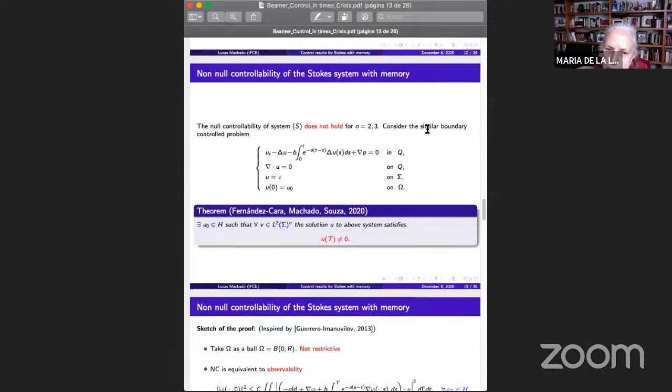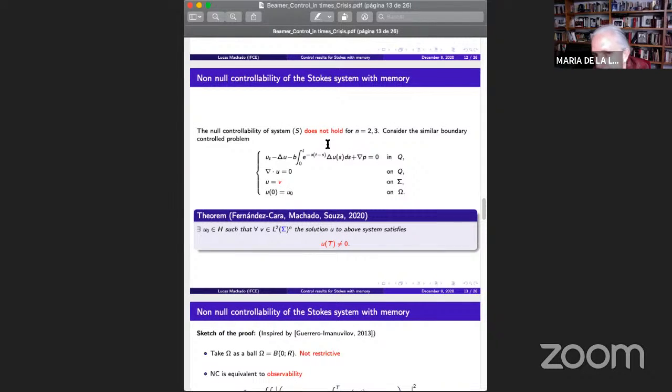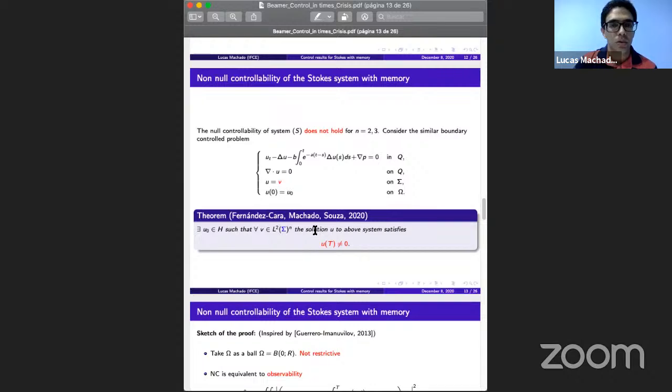That means if you put more regular initial conditions, do you have the same result or not, or is the lack of controllability related to the regularity of the initial conditions or not? And I don't know. You don't know, okay.